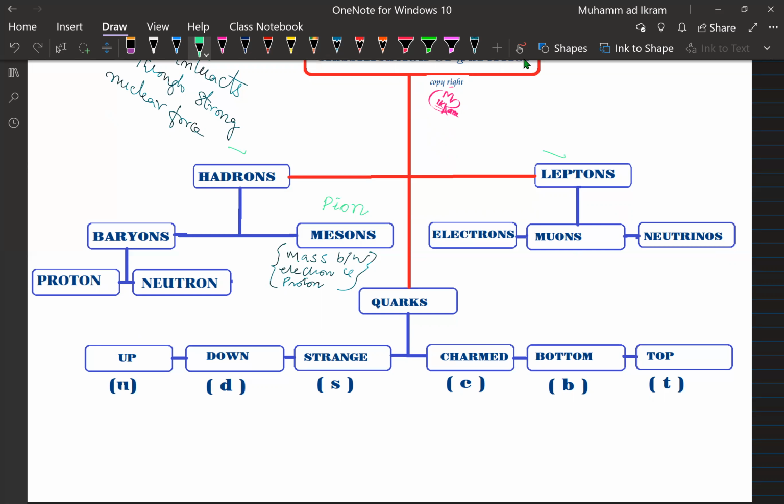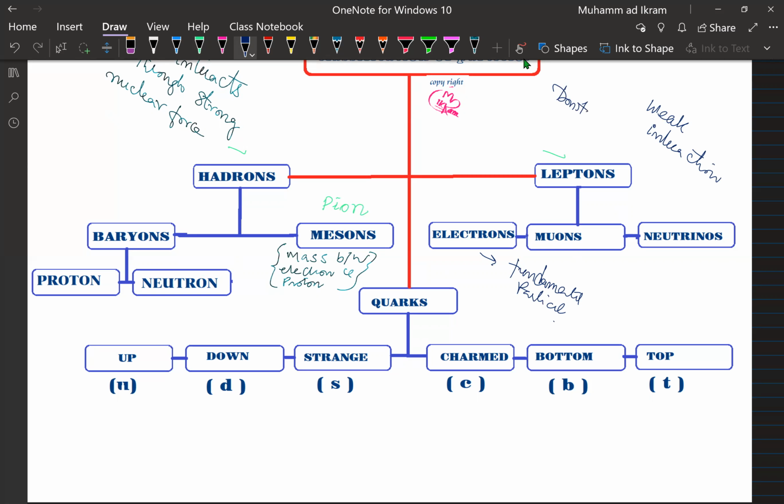And then we have the leptons. Leptons are the group of particles that participate in the weak interaction. For example, as I told, the electron being a fundamental particle.